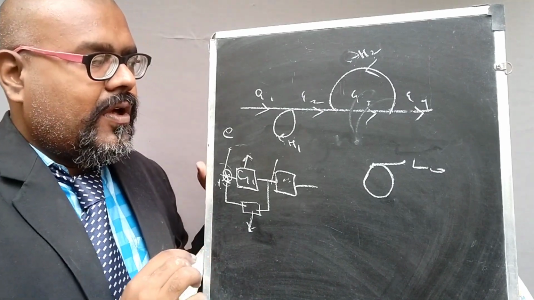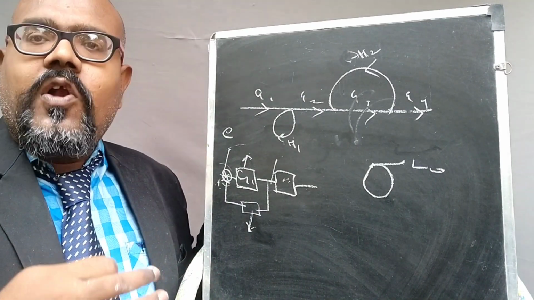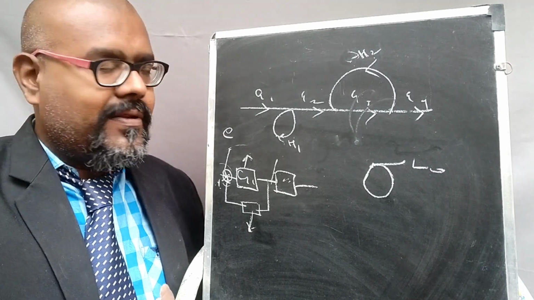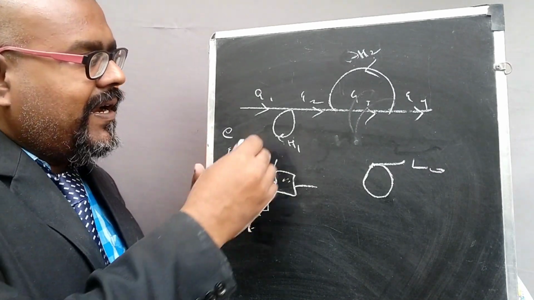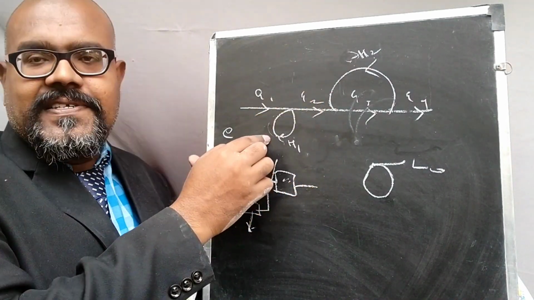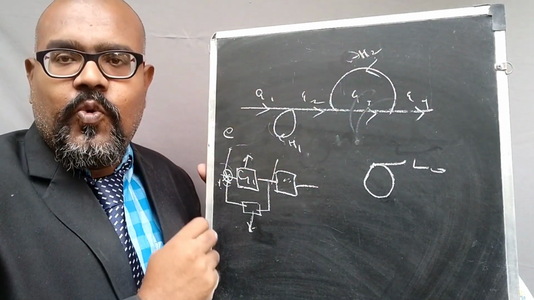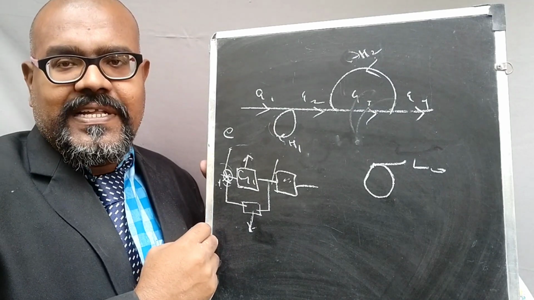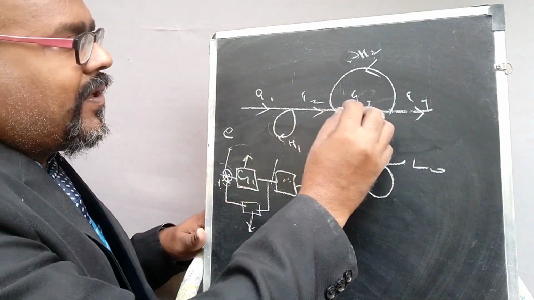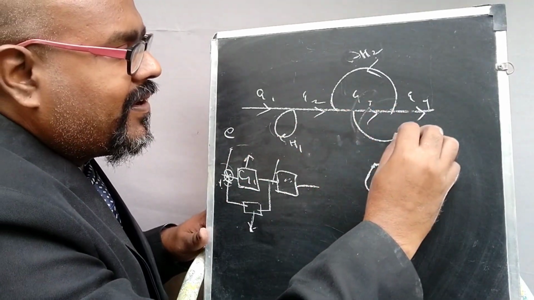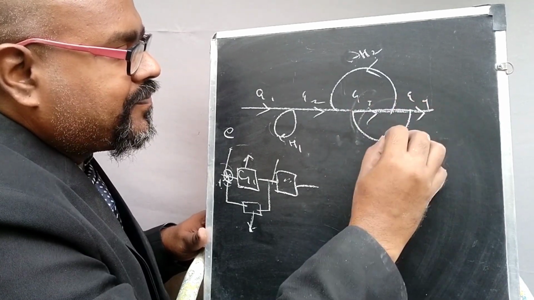Okay, then individual loop, non-touching loop. That is also very important. The individual loop is nothing but if the loop is present individually like this, and if the loop is present individually like this, that is called as the individual loop. Non-touching loop is nothing but, for example, here one loop is there.